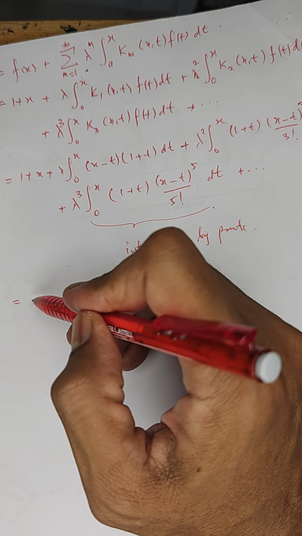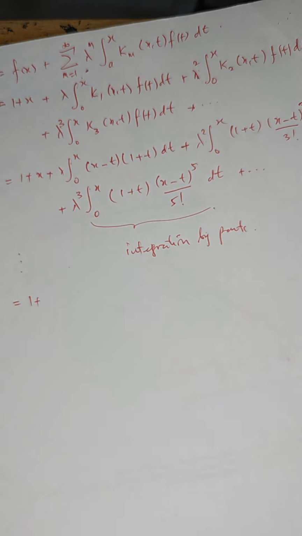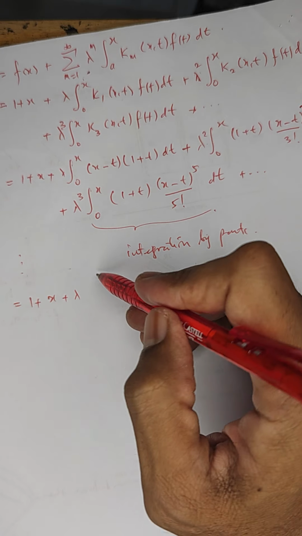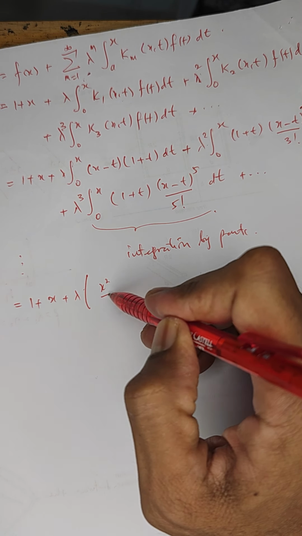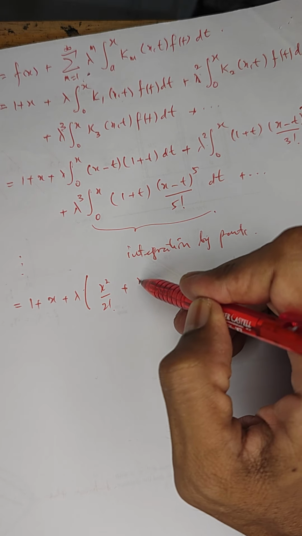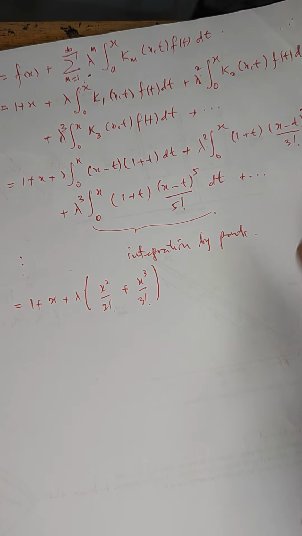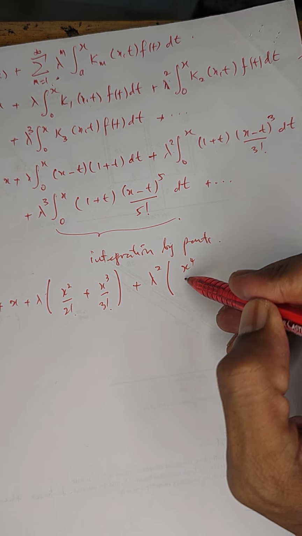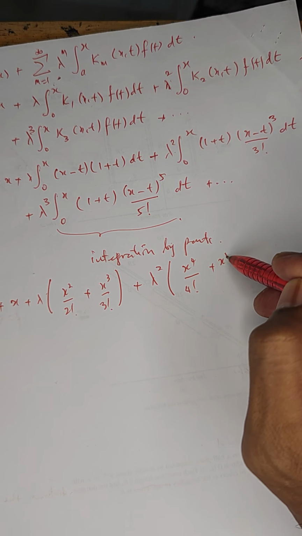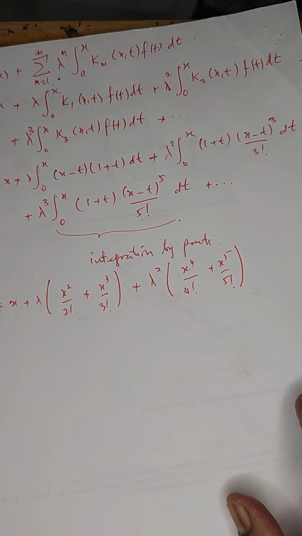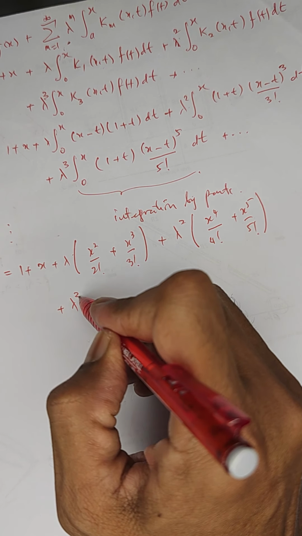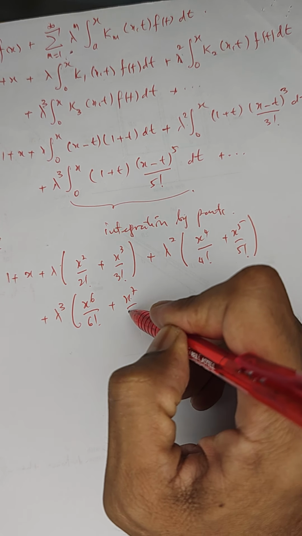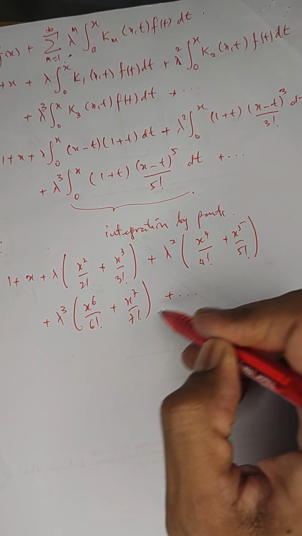So we end up with 1 plus x plus lambda times (x squared over 2 plus x cubed over 3 factorial), plus lambda squared times (x to the 4 over 4 factorial plus x to the 5 over 5 factorial), plus lambda cubed times (x to the 6 over 6 factorial plus x to the 7 over 7 factorial), and so on.